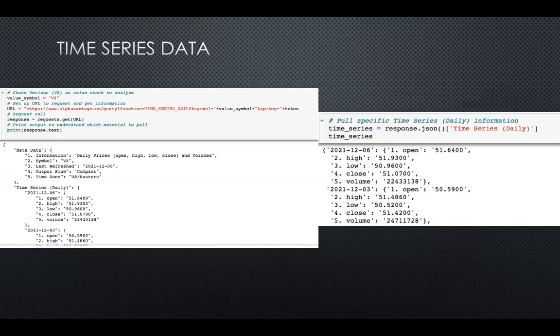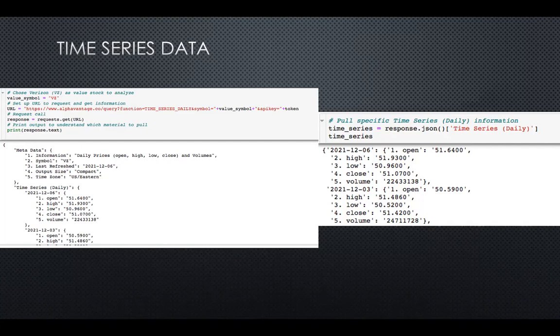For time series data, which I will be using for the rest of the video, I got the data basically the same way that I got the company overview, but this time just using the time series daily function. From here, you can see the response that's given after the API call.